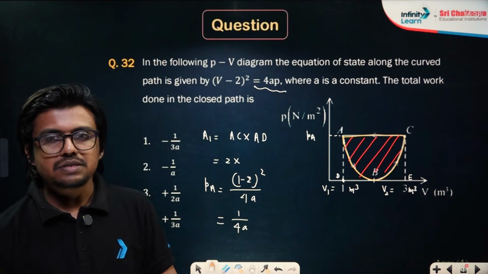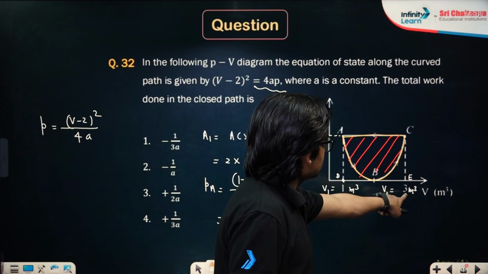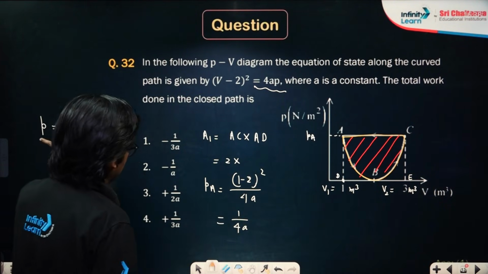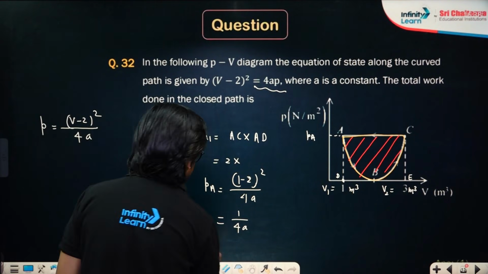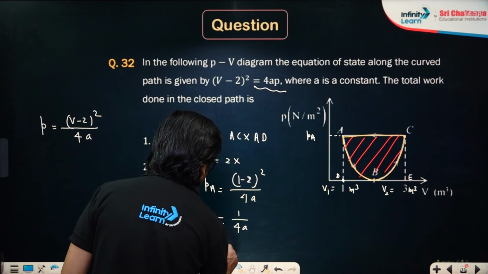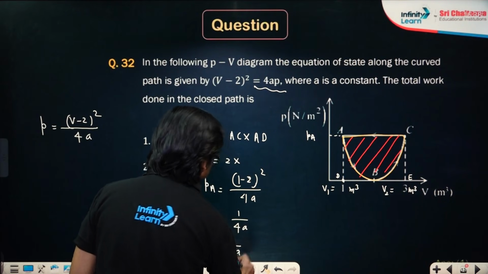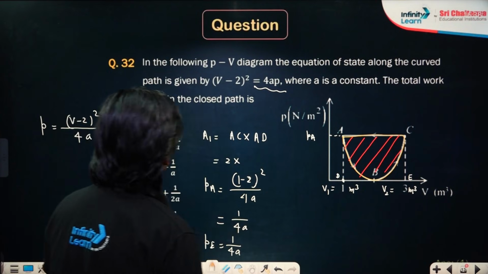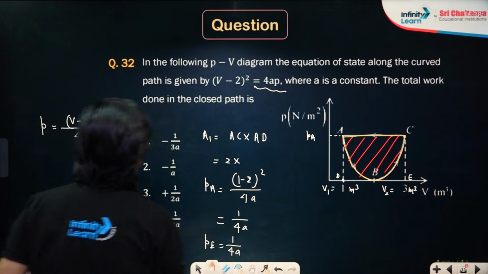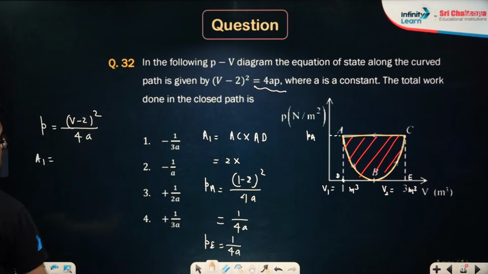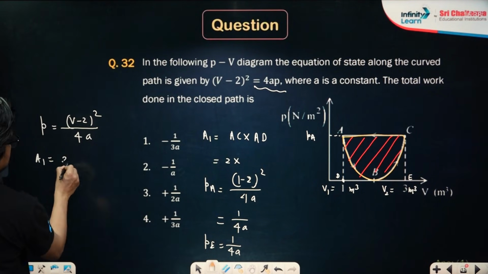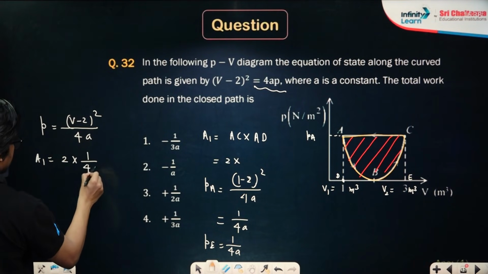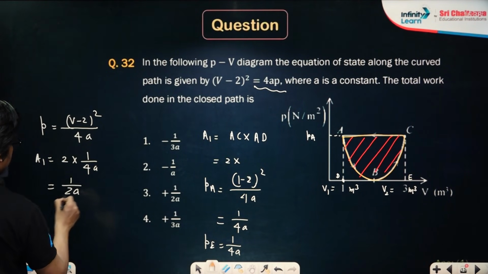If you put V equal to 3 meter cube, which is the value of volume at E, again you will get the pressure at E equal to 1 by 4a. Now if you calculate the area of the rectangle, that area A1 is nothing but AC, that is 2, into this 1 by 4a. So this is just equal to 1 by 2a. This is A1.